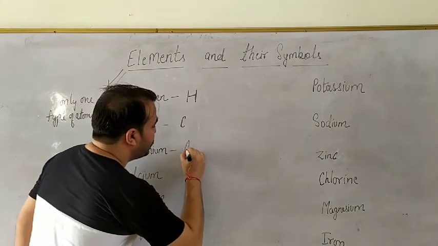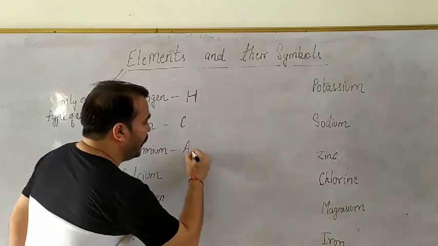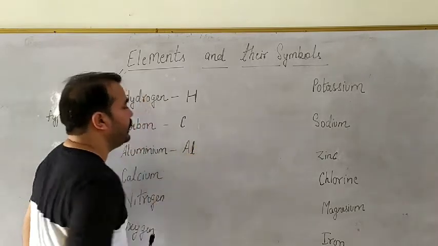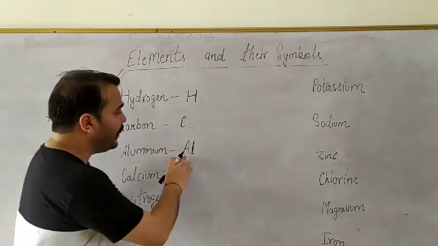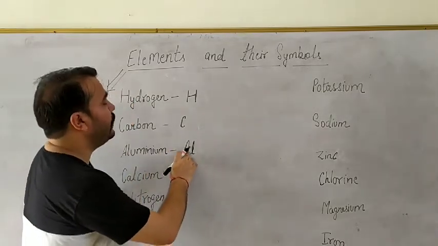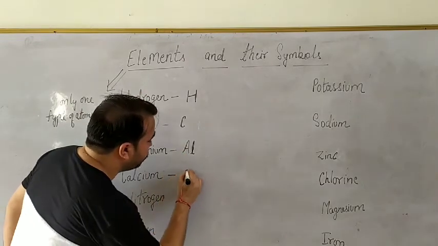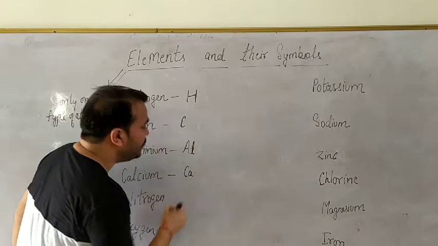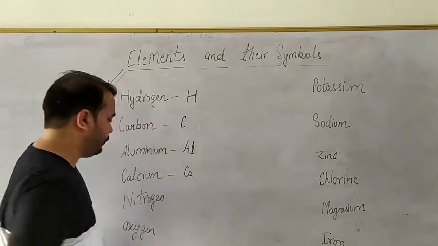In that case, the first letter is always capital, uppercase, and the second letter is lowercase. In the case of aluminium, the symbol is Al, where A is capital and l is lowercase. Similarly, for calcium, we write Ca, capital C and lowercase a.